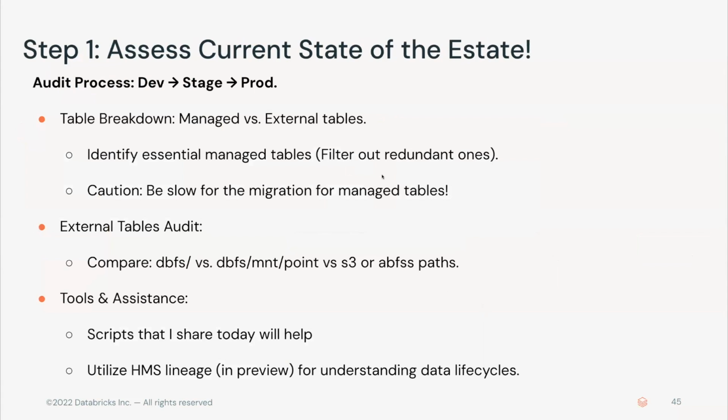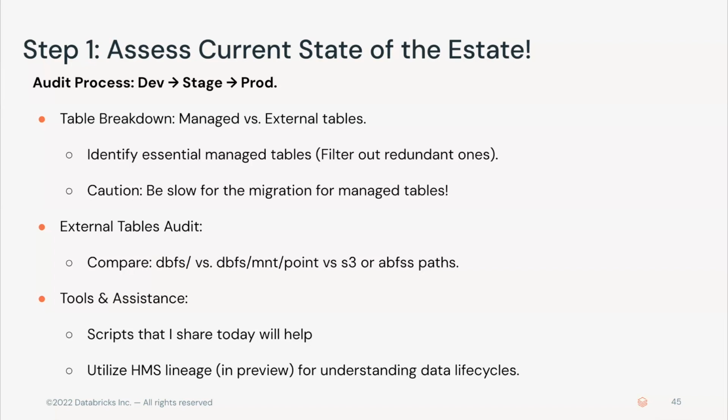So you want to make sure you understand the current state of the estate. The table breakdown is super important. You don't want to be so fast with managed tables, because if you have a big data estate, it's going to take some time to do a deep clone. Be along for the ride, and then filter out tables that you just need to keep getting updated as part of a recurring process.